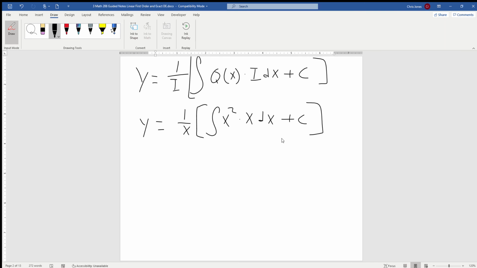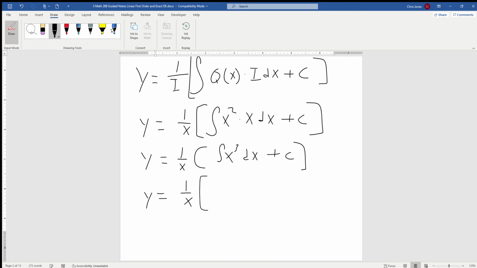We're going to multiply these out. So we have 1 over x, integral of x cubed dx plus c. The integration is extremely easy, 1/4 x to the 4th. So y is equal to 1 over x times 1/4 x to the 4th plus c.